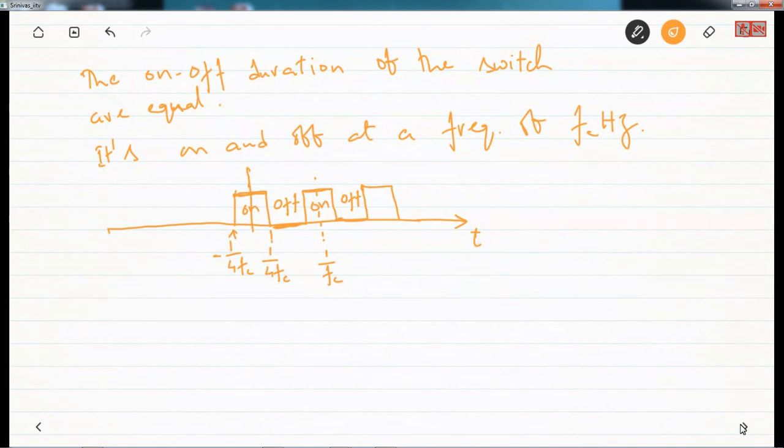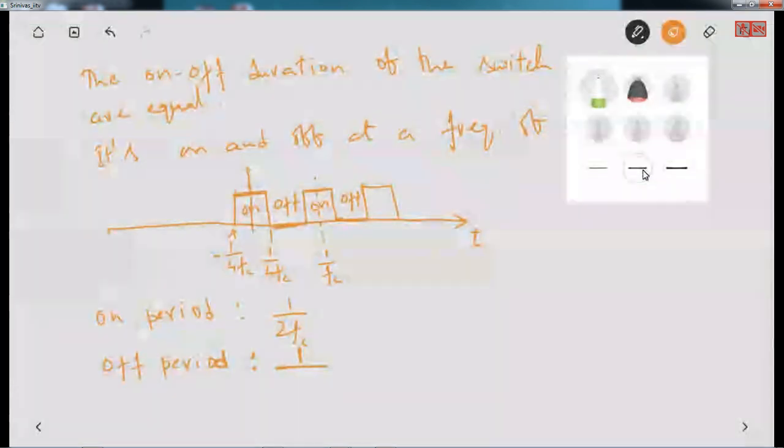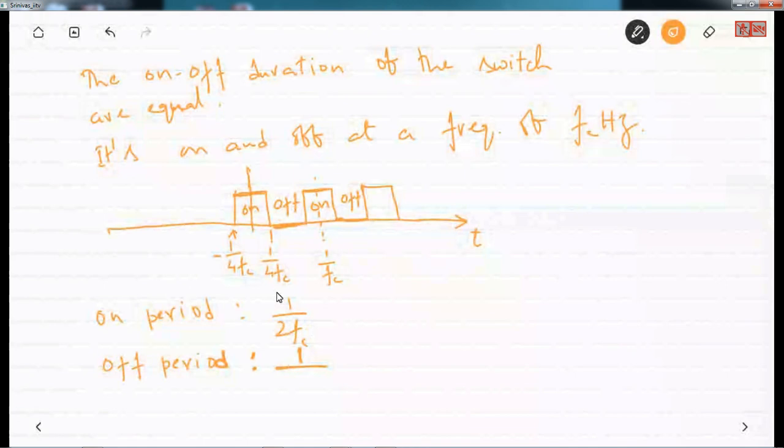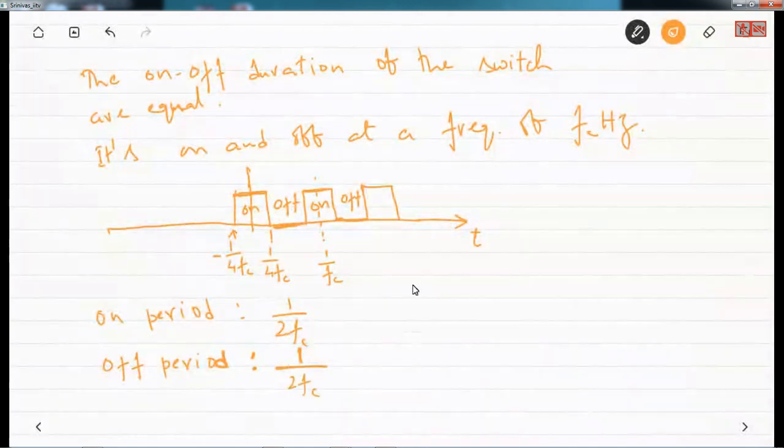So on period 1 by 2fc, off period 1 by 2fc.